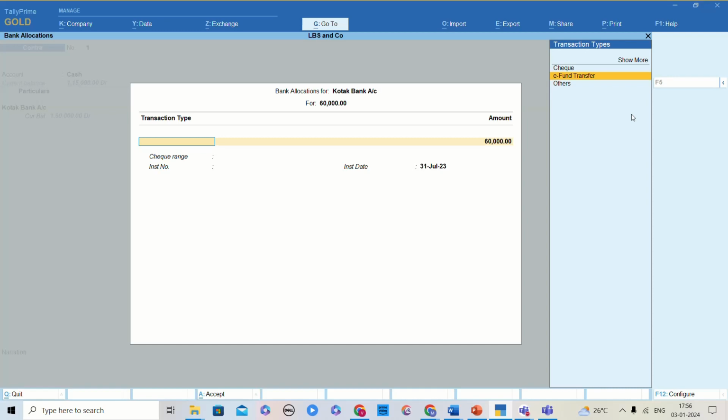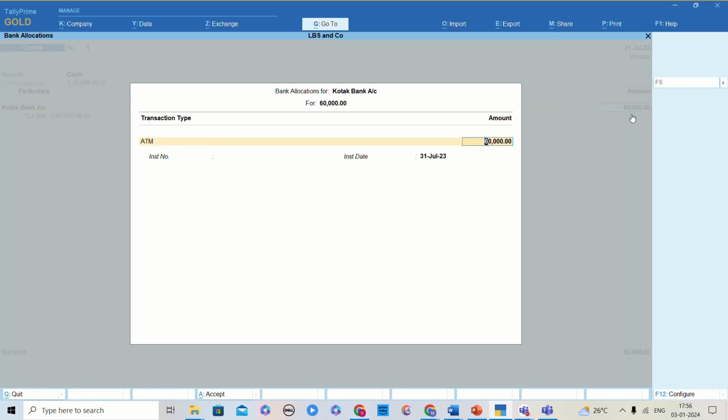Withdrawing here, there is no option like via ATM, so you should go to the option called show more. Here you can select ATM. So we're withdrawing the amount from ATM.